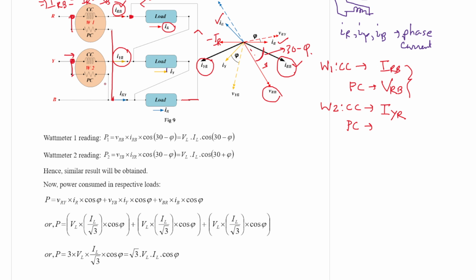This is Y and this is P. So it is measuring VYB. We need to calculate the angle difference between the VYB phasor and the IYR phasor.